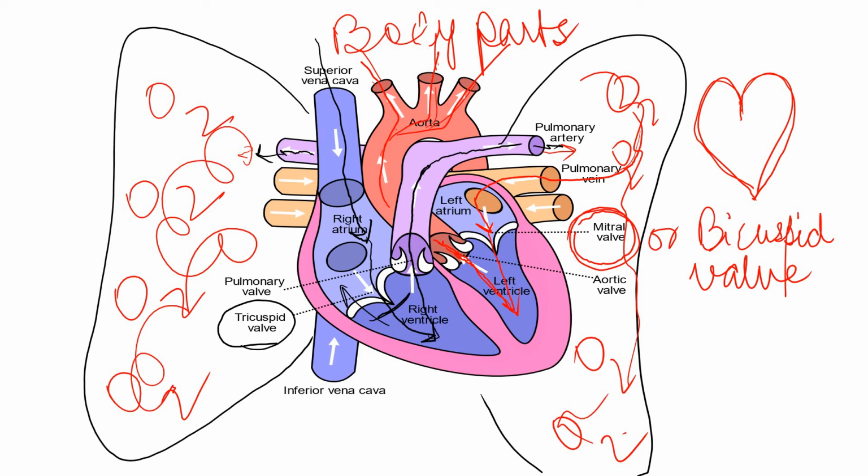Alright, and one more point I had to mention: the superior vena cava carries impure blood or carbon dioxide rich blood from the upper parts of our body, and the inferior vena cava carries carbon dioxide rich blood, or impure blood, from the lower parts of the body.